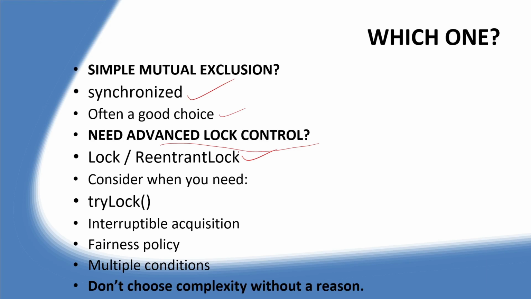If your application requires more advanced lock management capabilities, such as tryLock, interruptible acquisition, optional fairness, or multiple condition objects, then go for ReentrantLock. Do not use explicit locks simply because they look more advanced. Choose the simplest mechanism that correctly solves your concurrency requirement. Based on the requirement, we should analyze and choose the appropriate option.